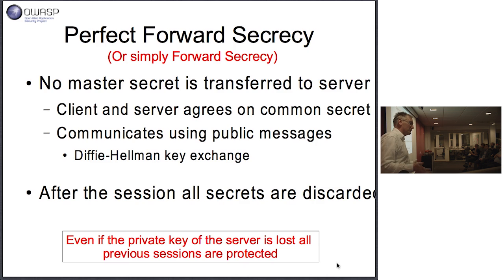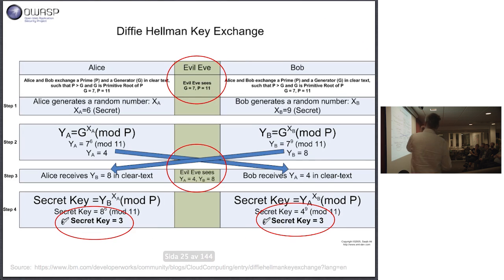Anyone who would like to see how it works at a high level? Yeah. I'm not going to go through the math, but basically the main algorithm right here is we have Alice and Bob, of course, and they agree on two values, G and P, generator and prime, and exchange these between each other.